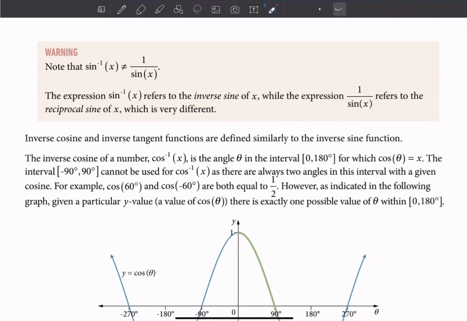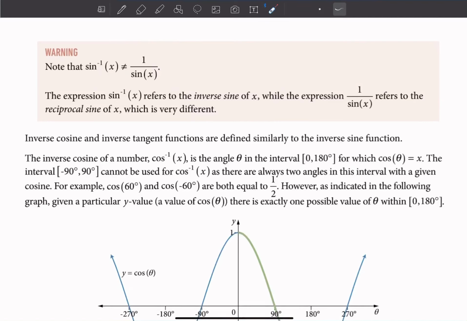So we have to be a little bit careful with that. If we're talking about the inverse sine, this is the notation we use. Some textbooks use other notation, but this is the inverse sine notation in this textbook. This thing on the right hand side here is called the reciprocal of a function.